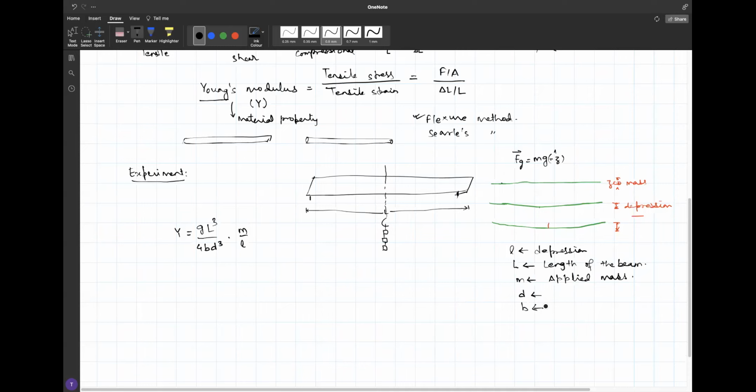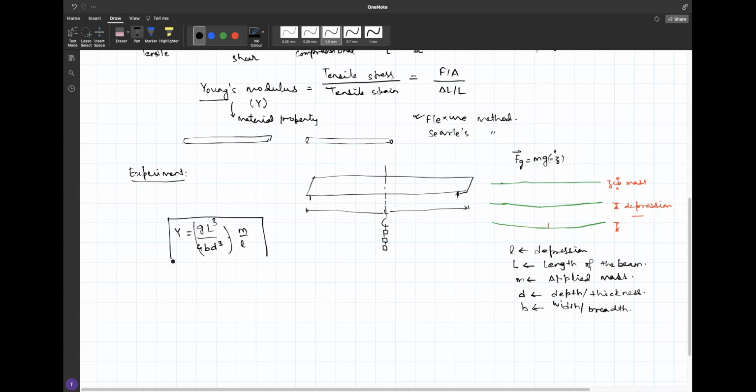So b is the ratio between width divided by breadth, and this is depth divided by thickness. Okay, and L is just the length. So this is what you have.